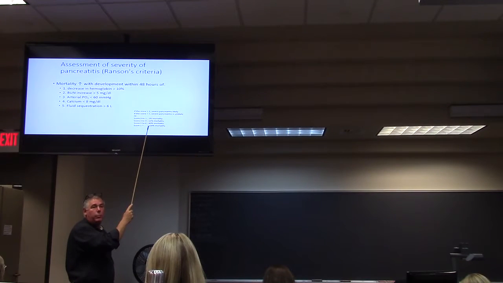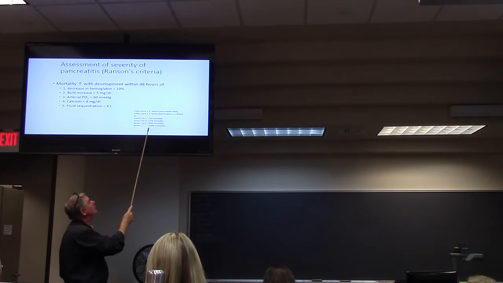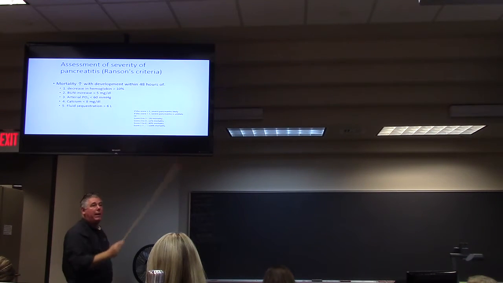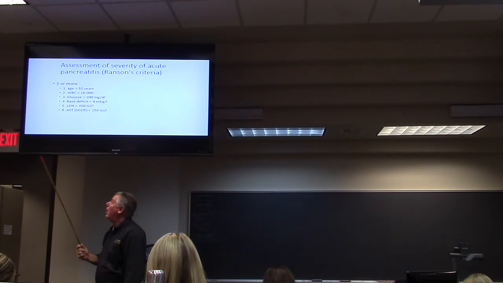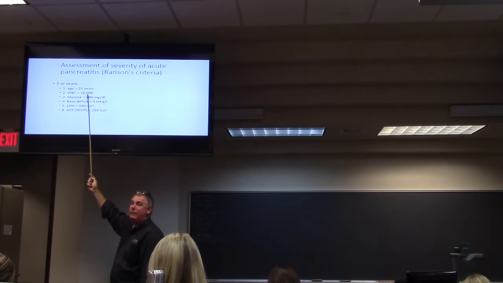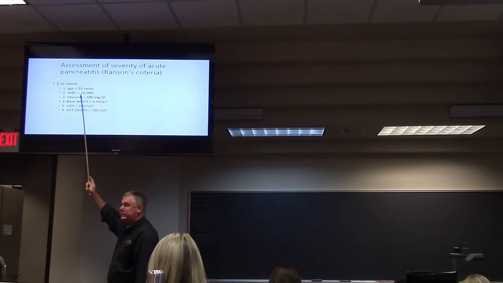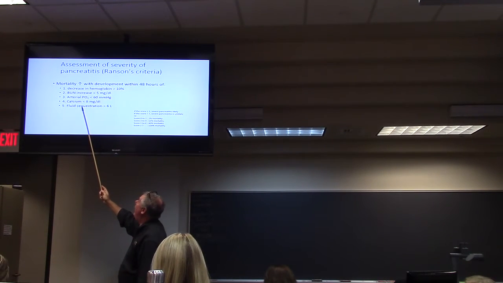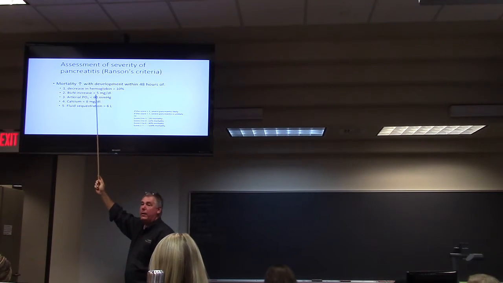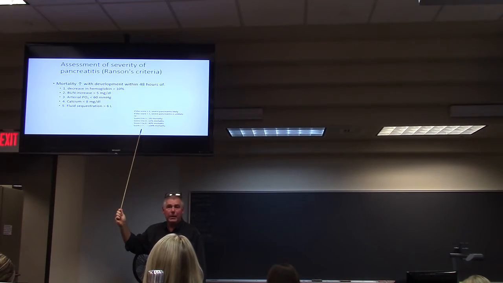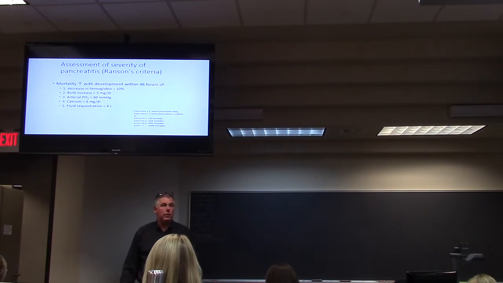That total predicts mortality. You understand that if you have more than 7 of those things, if a patient presents with a blood sugar of 250, a white count of 18,000, they're 65 years old, they have an increase in BUN, 100% mortality from this disorder.